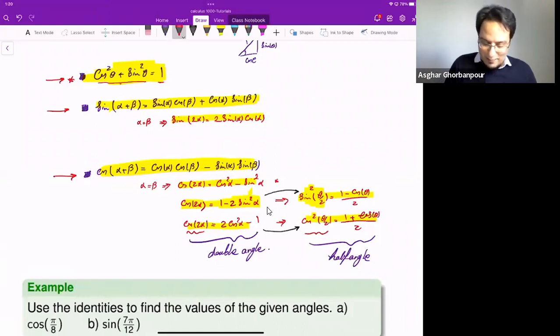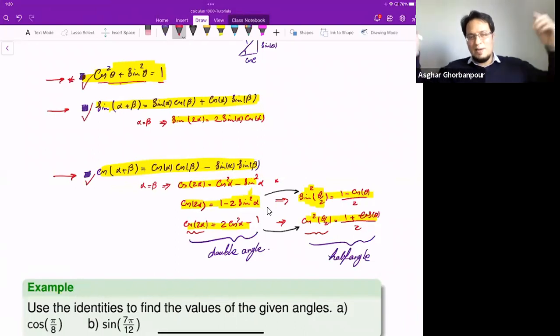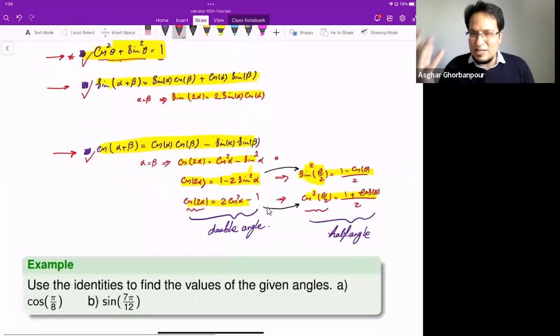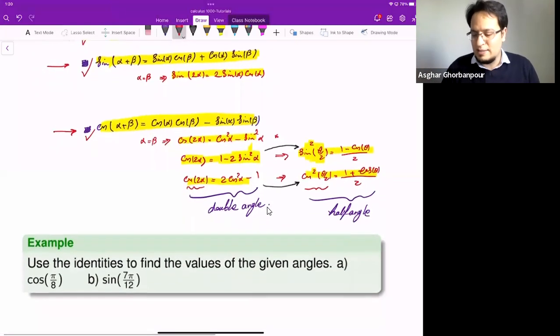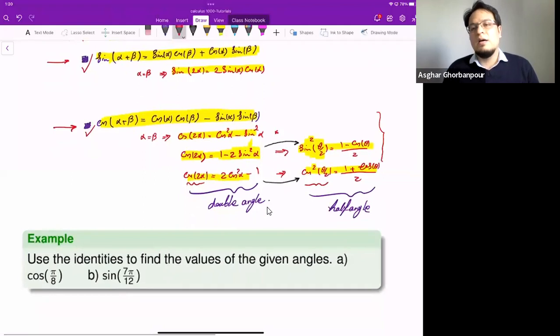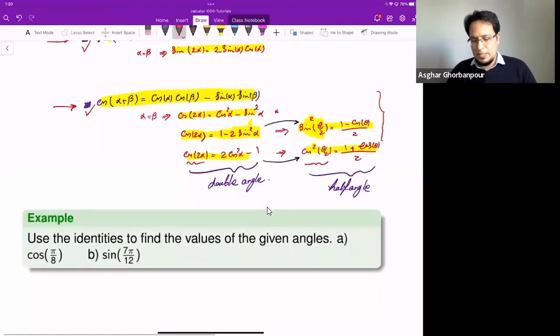I just know these, and anytime I want, I do the math in my mind and get the other ones. We are not going to ask you to prove it, but know that algebraically you have to be able to handle such a level of proof, like manipulating the identities. Okay, thank you.